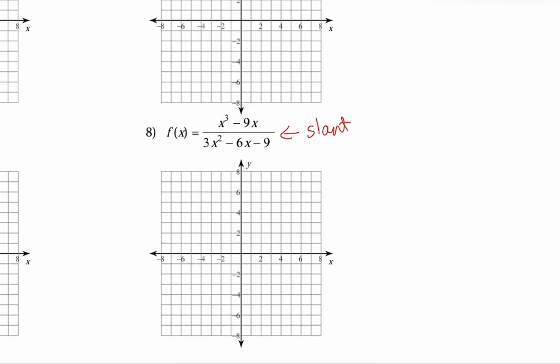So remember, the first step is we need to get it into factored form. Now, the top has an x in both. And if we take the x out, we are left with something that is still factorable. So I'm going to factor that all the way: x, x plus 3, and x minus 3.